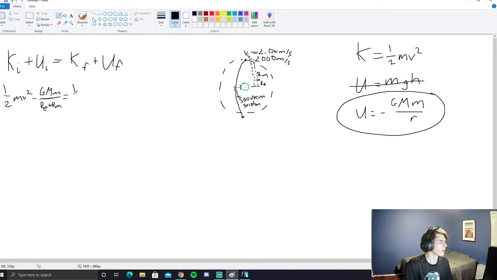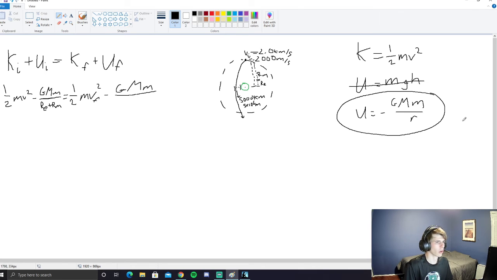So anyway, resuming with the problem, we're now writing the equation for kinetic energy final, and also the equation for potential energy final. Remember, this big M is the mass of the Earth, and the little m is the mass of the asteroid. The big G is just the gravitational constant.